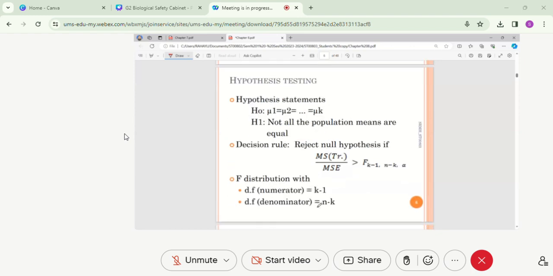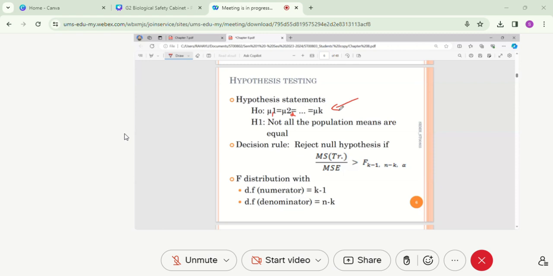Now, this is how we write our hypothesis statement. This one is not mu1 but mu subscript 1. In the null hypothesis, we always assume that everything is more or less the same.